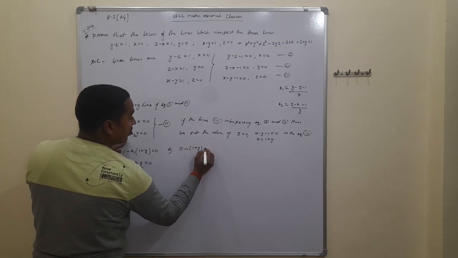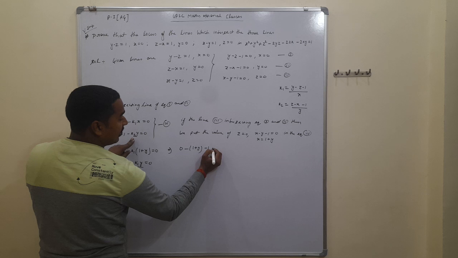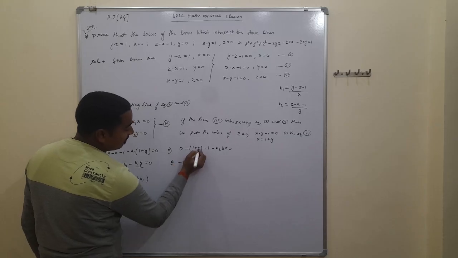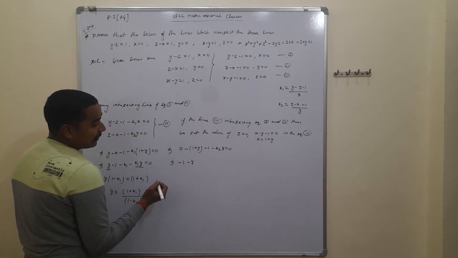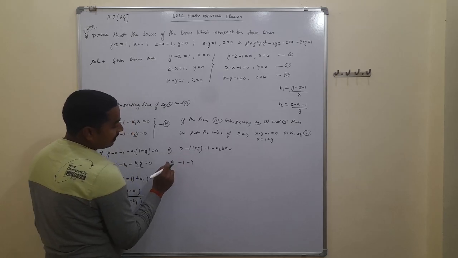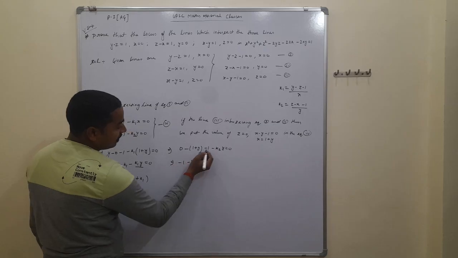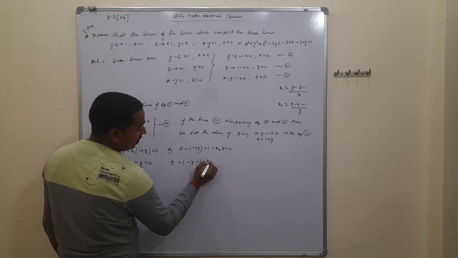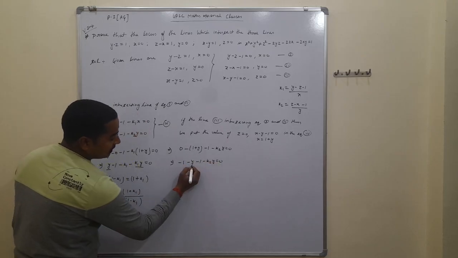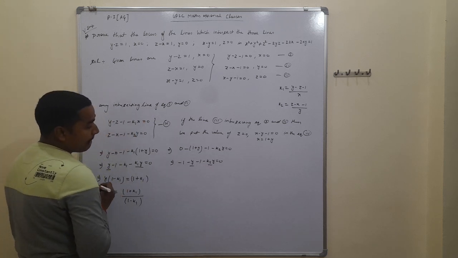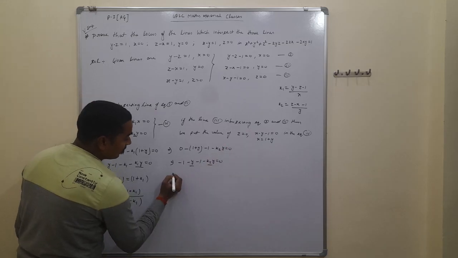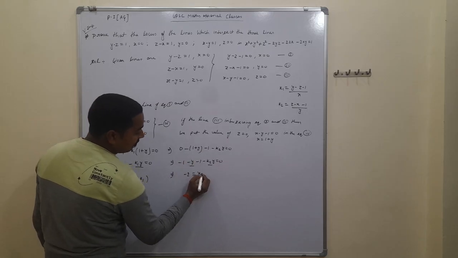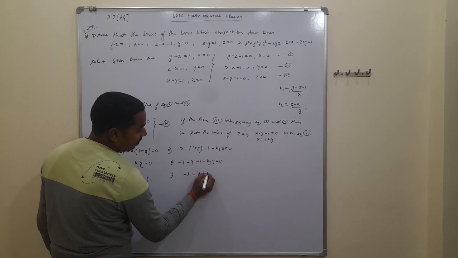Here is minus y, minus 1, and minus k2y is equal to 0, and from here minus y is taken to right hand side, that is plus y, and minus k2y is taken into right hand side, that is plus k2y, and minus 1 and minus 1 is minus 2.